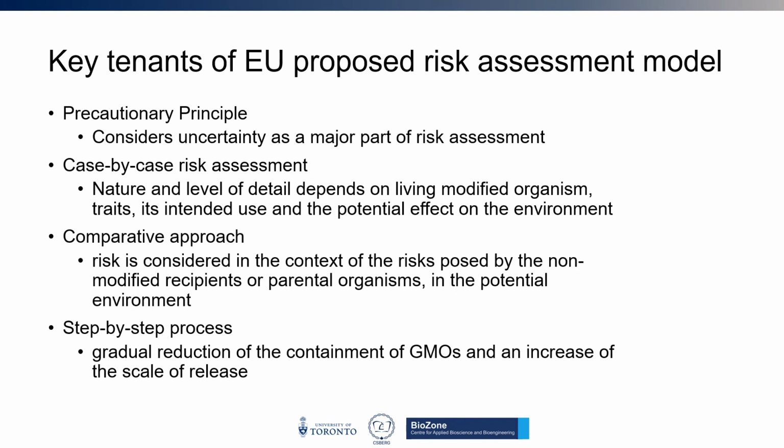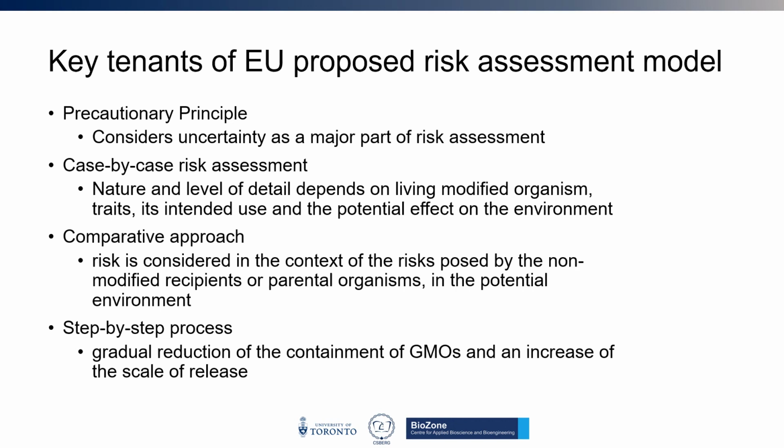And then finally, it's a step-by-step approach. So the EU very much recommended that you start from the highest level of containment. You assume that LGM was to be regulated at a very high level, in-depth and taking the most precaution available, and then gradually you reduce the containment as you are able to determine the level of risk through studies.